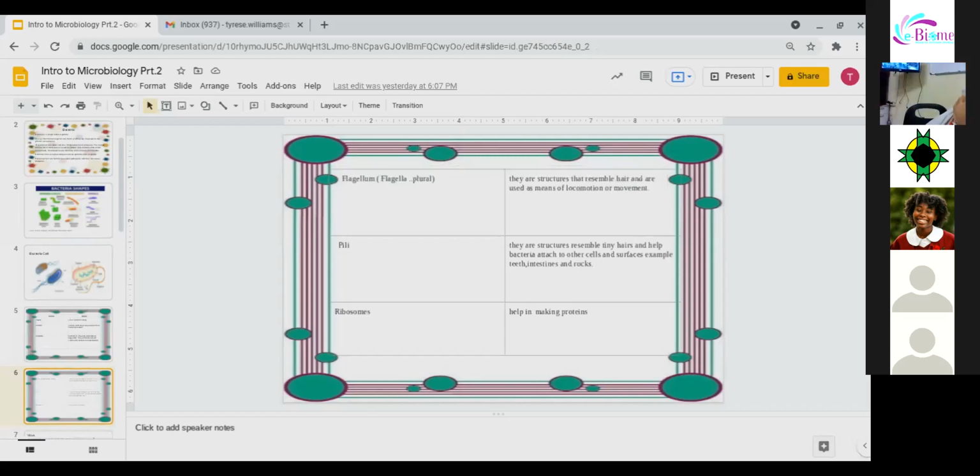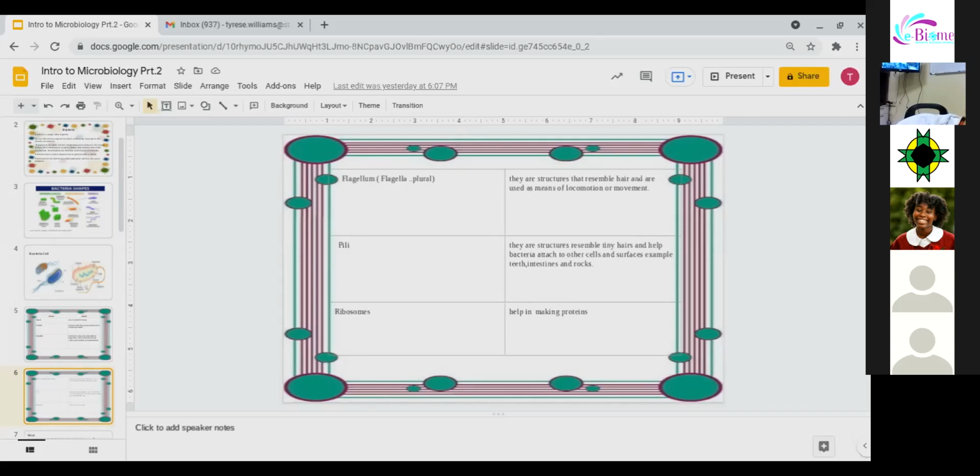So we said that the flagellum, or the flagella in the plural, are structures that resemble hair and are used as a means of locomotion or movement. Did anyone learn about locomotion in their science class in high school or in grade 6? We learn about senses, and we learn about movement and locomotion.